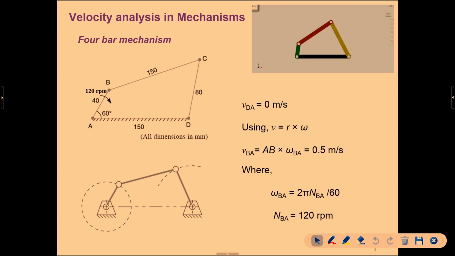Now we have some data related to link AB, but it is not directly or explicitly given. The speed of the link is given in terms of RPM, 120 RPM. We need to convert this data into usable linear velocity because the velocity diagram is drawn completely based on linear velocity.